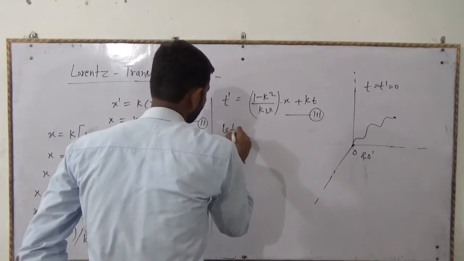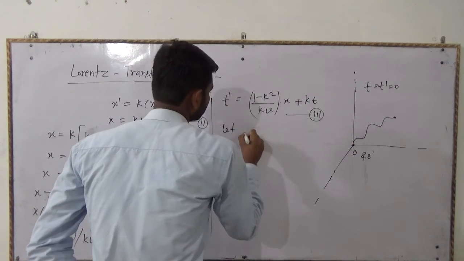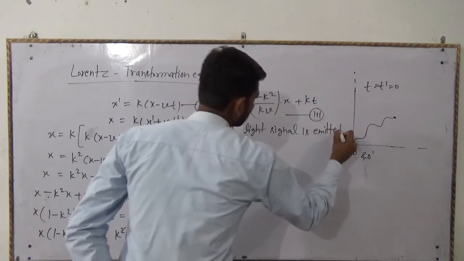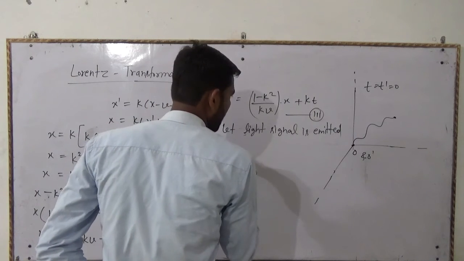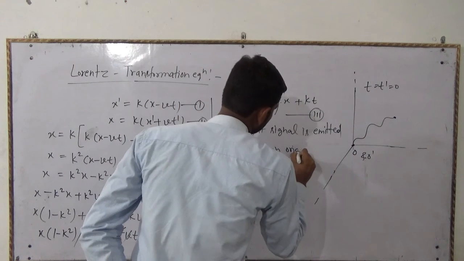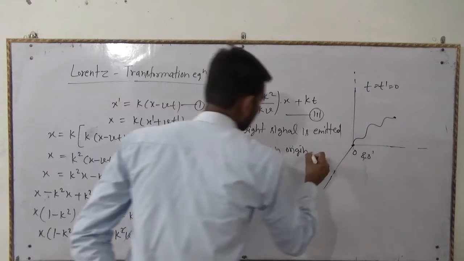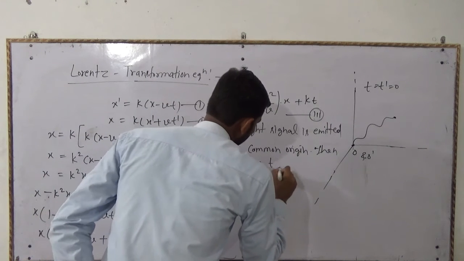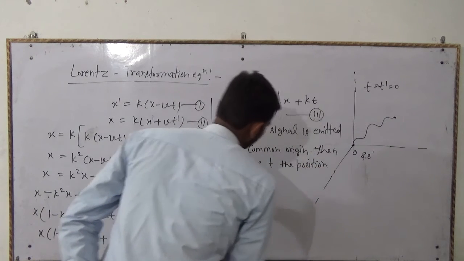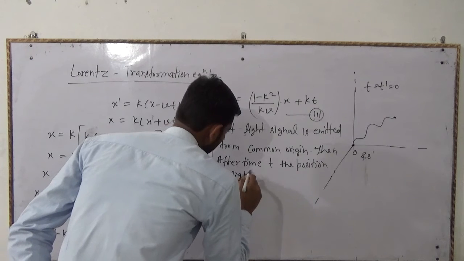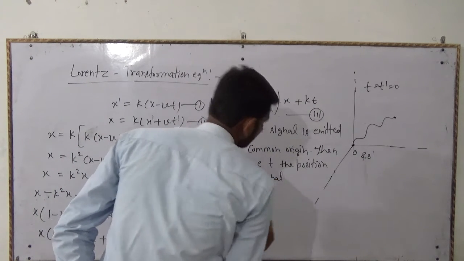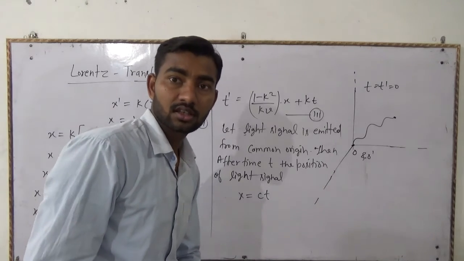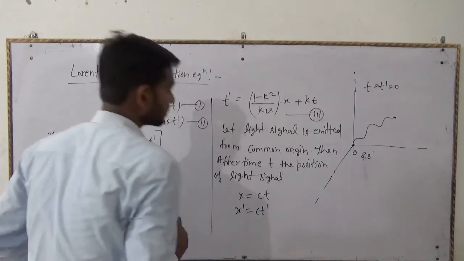So let the light signal be emitted from the common origin, then after time t the position of the light signal will be x is equal to ct relative to the frame S, and x dash is equal to ct dash relative to the frame S dash.